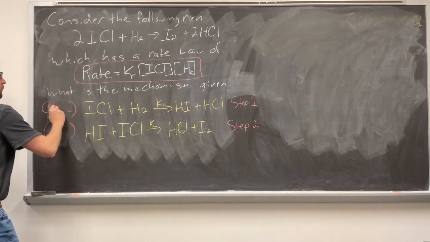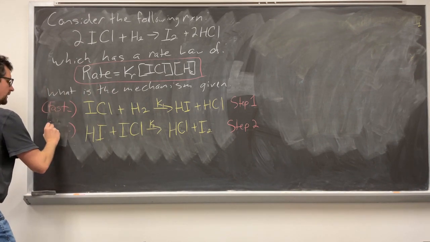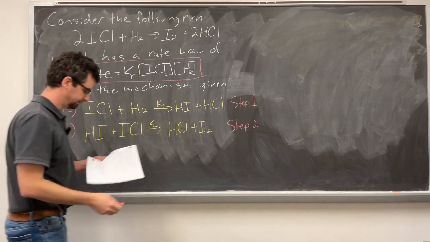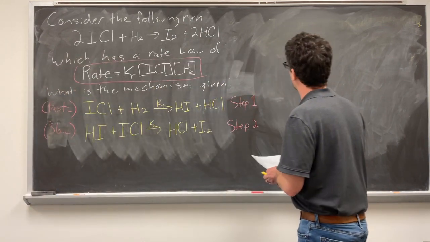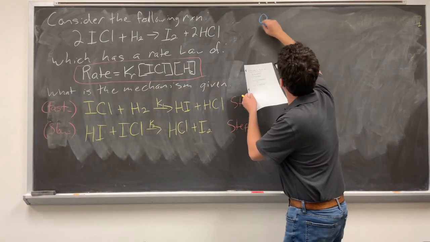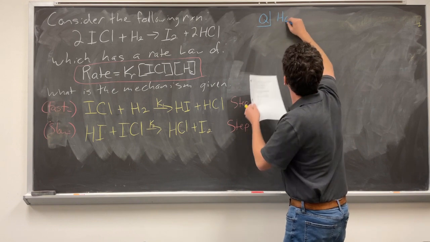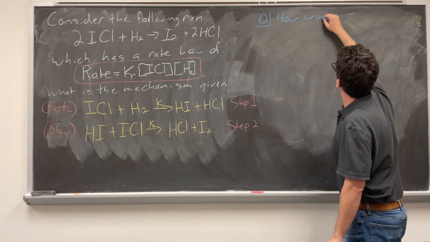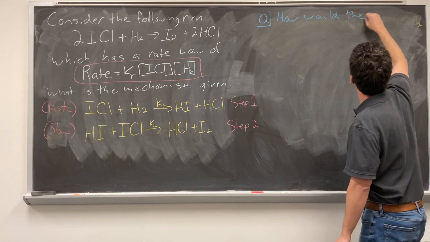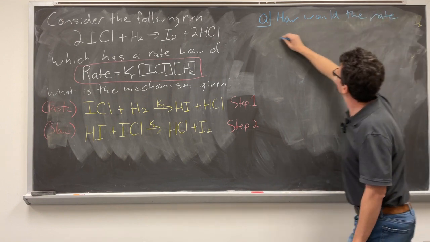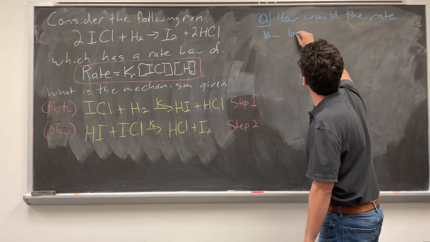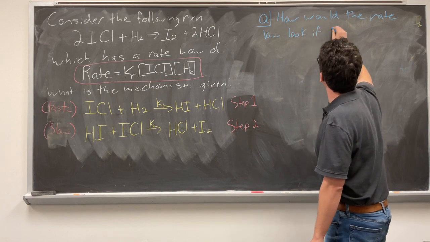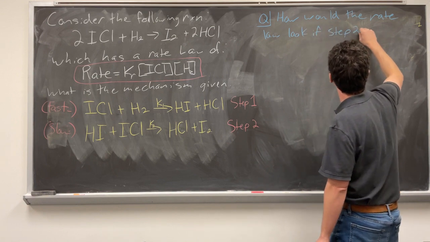This one, step one, is now fast, and step two is slow. So question, how would the rate law look if step two were slower?